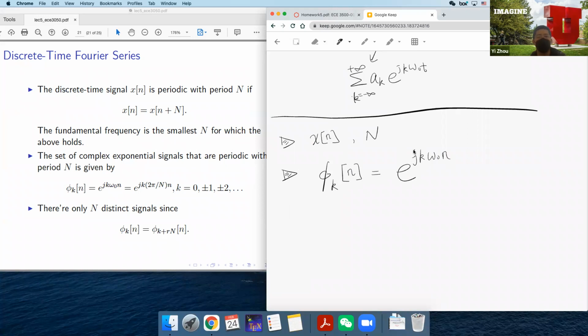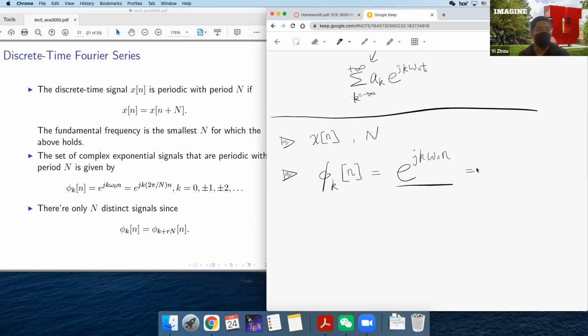Now this looks very similar to the continuous case, right? If you replace this n by a continuous index t, that is essentially the basis in continuous time.